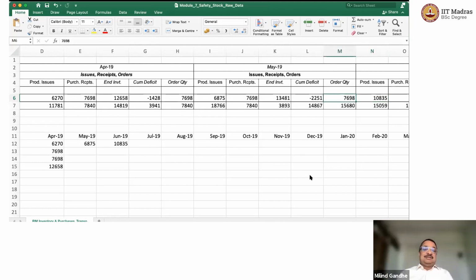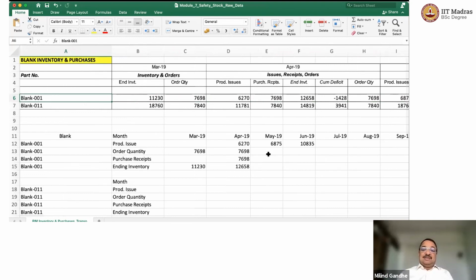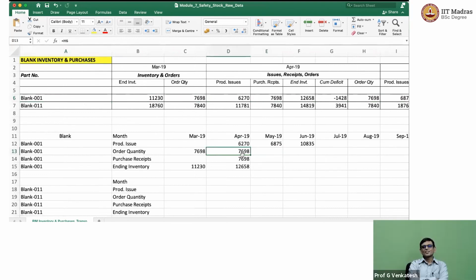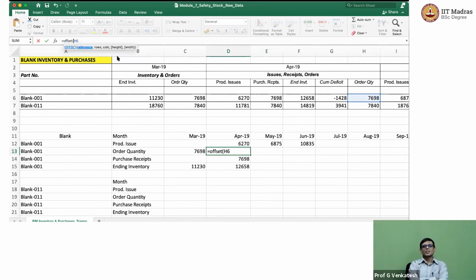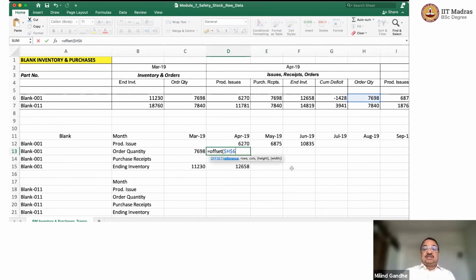Now we have to populate the remaining rows, remember? Again, here we will do the same thing. We will say OFFSET, $H, and H has to become $H$6, 0 rows.